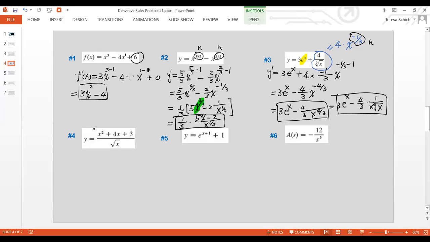Okay, so now number 4 here. So how do I do the derivative of this one? So right now we are just using the basic formula of the constants, the power, and EX. So remember, you cannot take the derivative on the top and on the bottoms, right? So the first thing for here, I need to do is I need to change it.